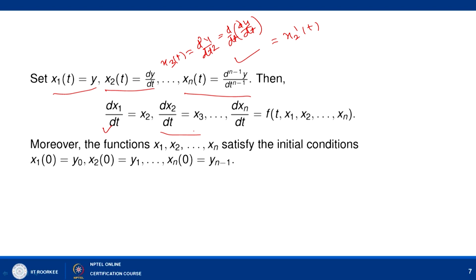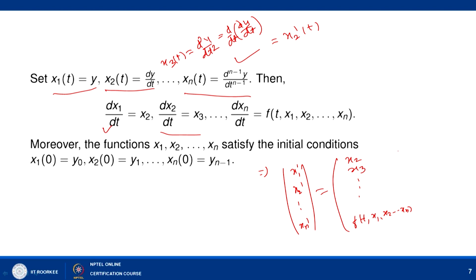In this way we can say that dxn by dt is equal to f(t, x1, x2, and so on). So, it means that here we can write our equation like x1 dash, x2 dash, up to xn dash, and this I can write here as x2, x3, and so on up to f(t, x1, x2, and so on).